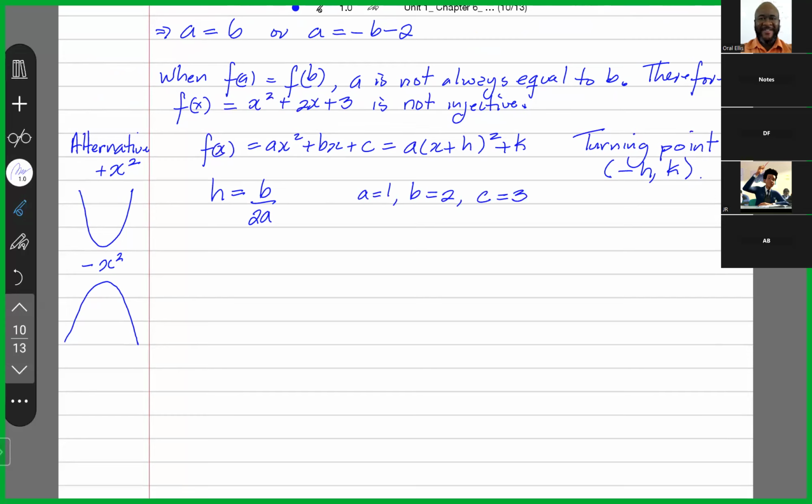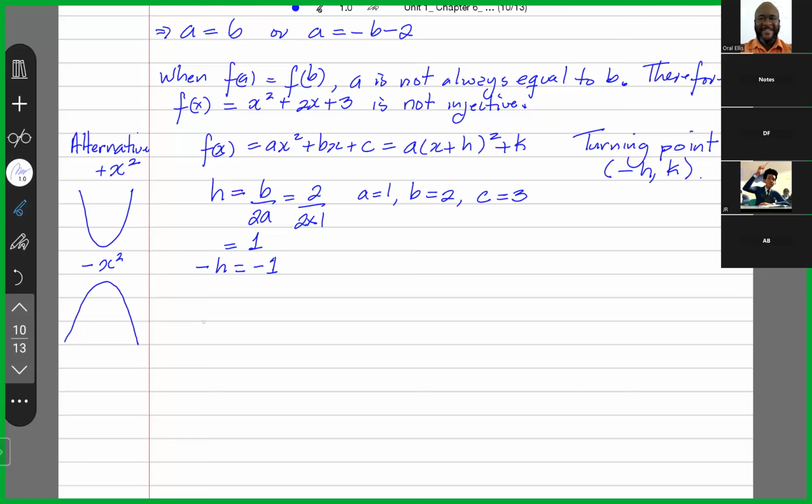So we can find h. So h would be equal to b, which is 2, over 2 times a, which is 1. So h is equal to 2 divided by 2, which is 1. So remember, your turning point is minus h, k. Now, minus h is therefore minus 1.